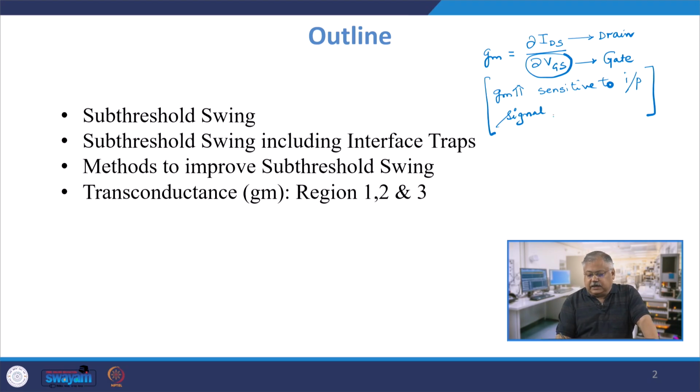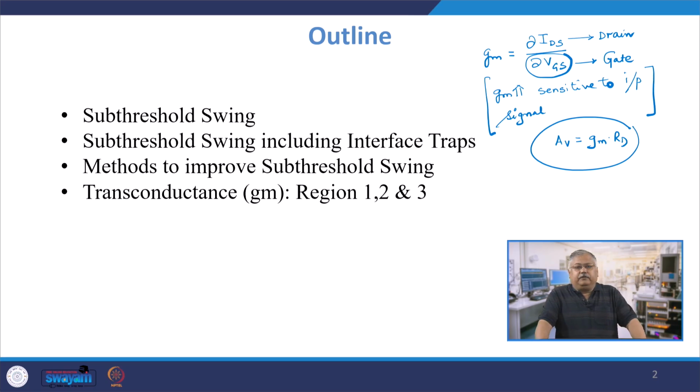Because when this IDS goes to the external circuit and multiplies with the resistance, the potential drop will also be larger. Therefore, what we define as the voltage gain in an analog circuit is given as GM times RD, right. And hence the reason why we need to thoroughly study the transconductance and its effect on circuit analysis. So, that is one thing.